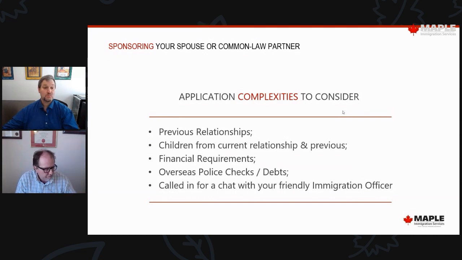Complexities: previous relationships, divorces here, kids there, especially undertakings, people sponsoring from overseas. That's something we're going to look at really seriously because they call it marriages of convenience, basically sham marriages.